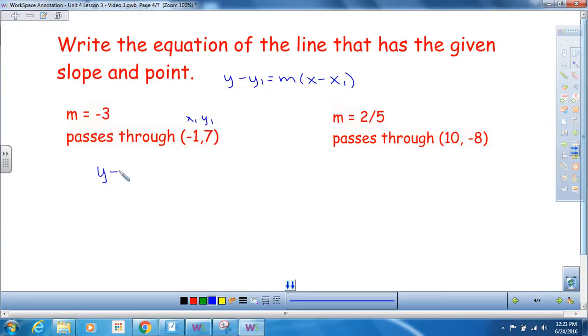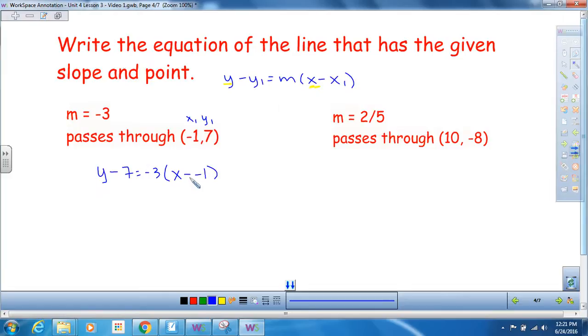Whenever you write equations of lines, x and y stay x and y. So this stays y, this stays x. What I'm plugging in for is x1, y1, and m. So y minus 7 equals m, so negative 3, parentheses, x minus negative 1.